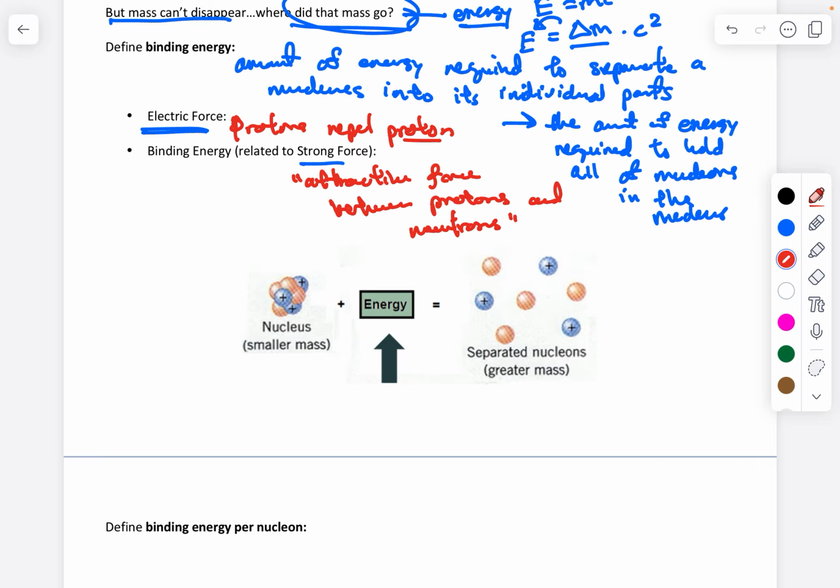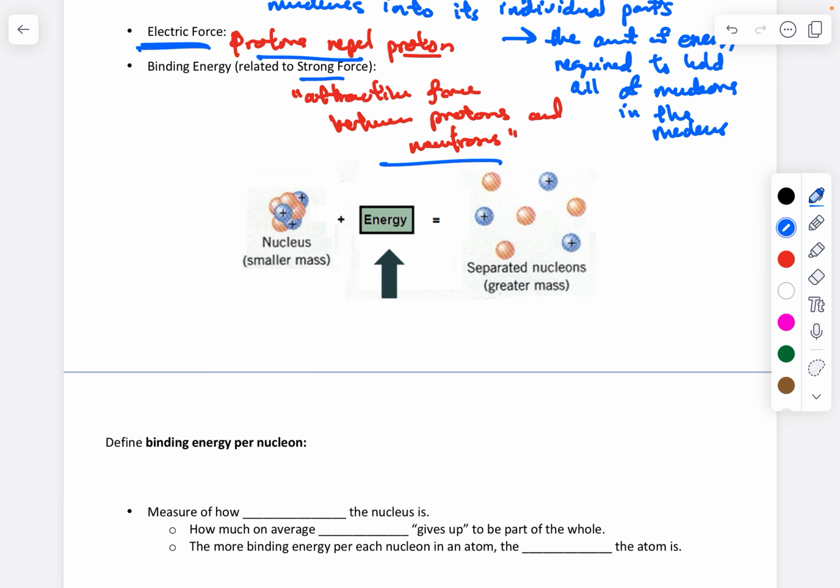So where does the binding energy come from, or why is the binding energy required? Well, it's mainly because of the strong force, but a little bit of the electric force helps as well.